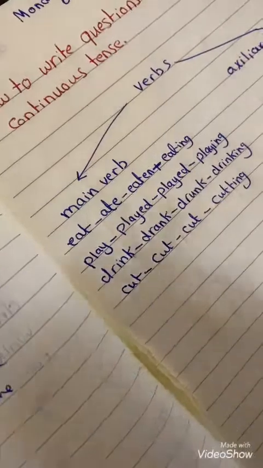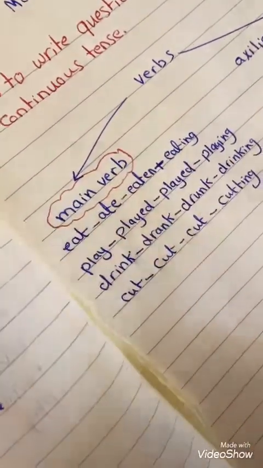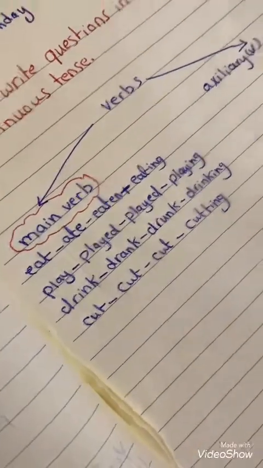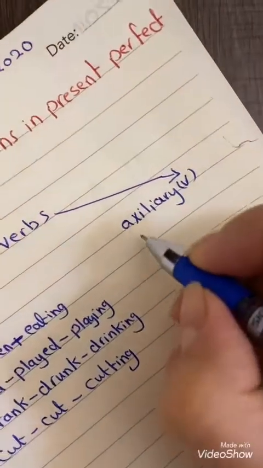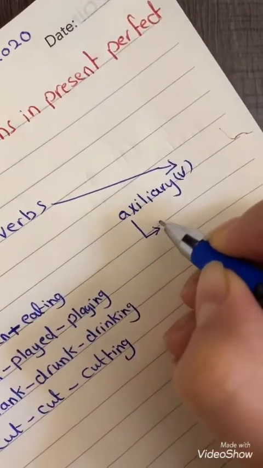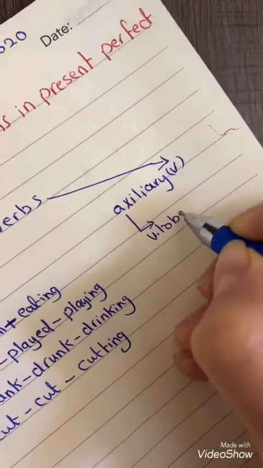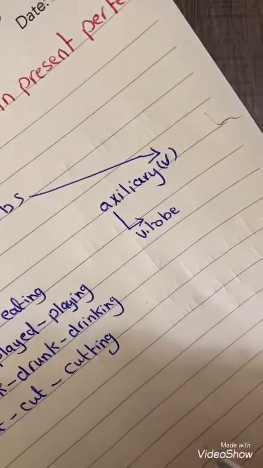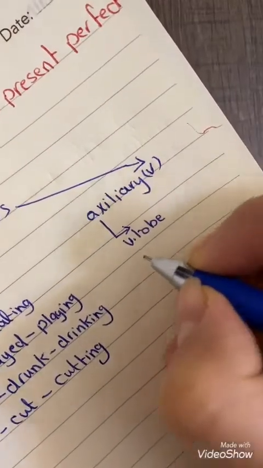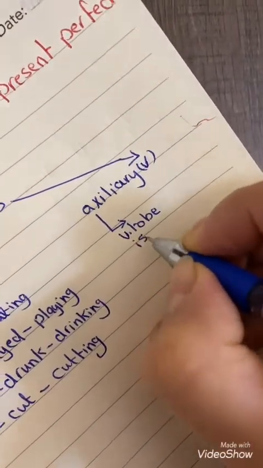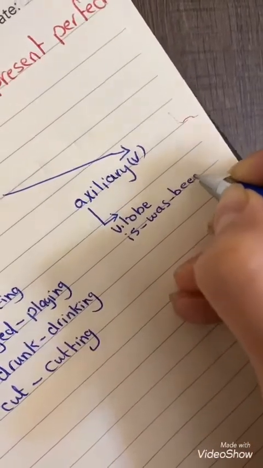We call these verbs main verbs. The auxiliary verbs are divided into three parts. The first one is the verb to be. What is the verb to be? Is, was, been.